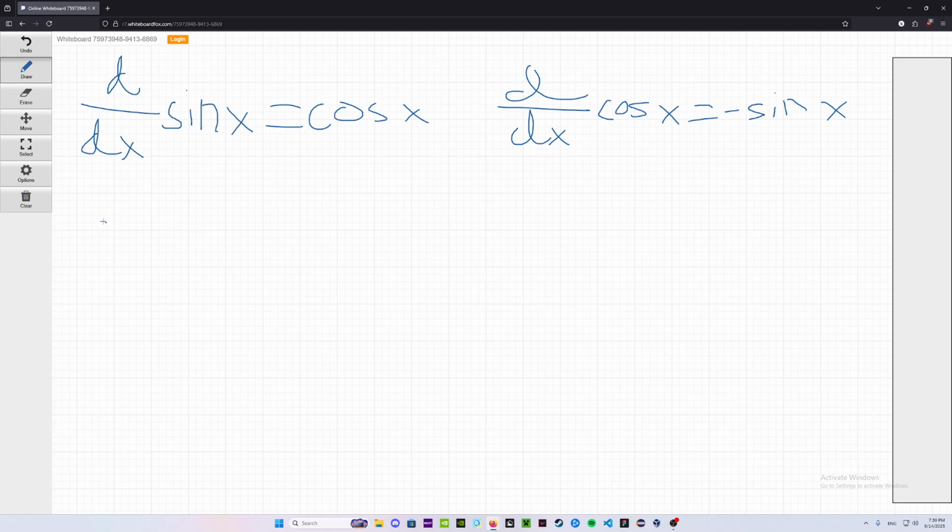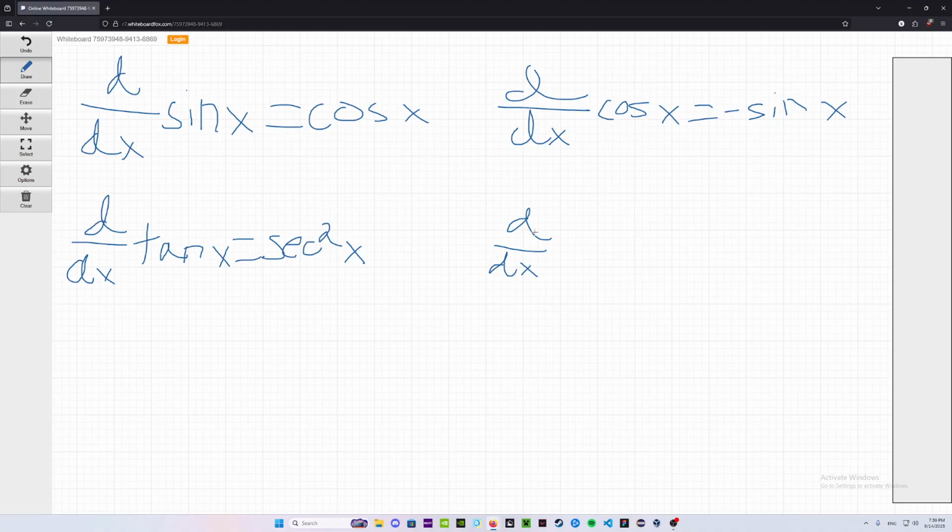We're going to do d/dx of tangent x equals secant squared x. Then the derivative of cotangent x equals negative cosecant squared x.